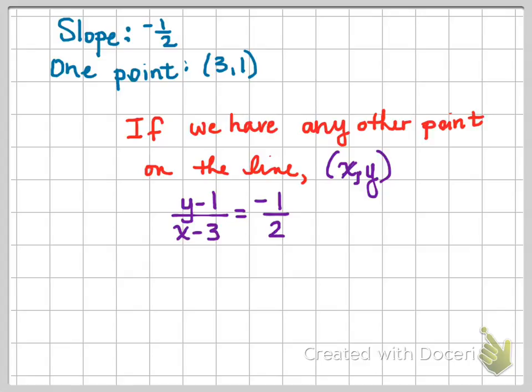And that's because this slope is constant no matter what 2 points you take on the line. If I take the difference in their y values divided by the difference in their x values, I should get -1/2, which is remarkable.